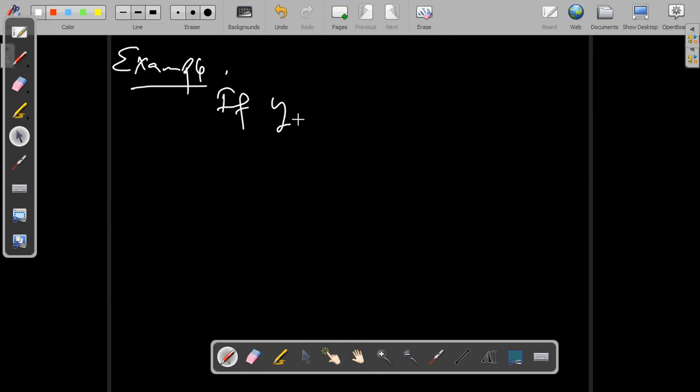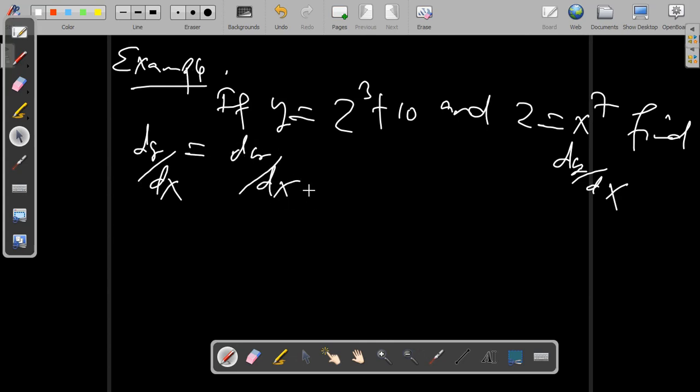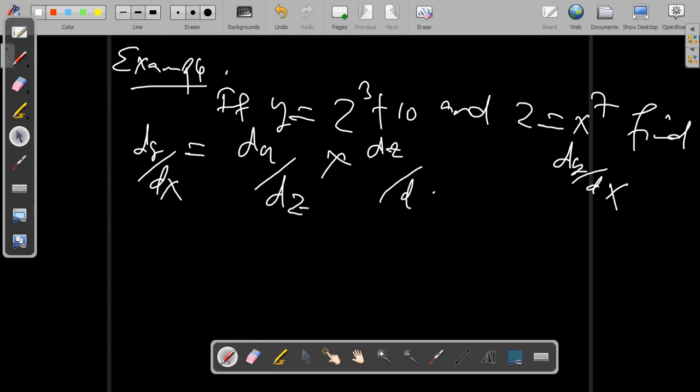If y is equal to z cubed plus 10 and z is equal to x to the power of 7, then find dy over dx. Dy over dx is equal to dy over dz times dz over dx.